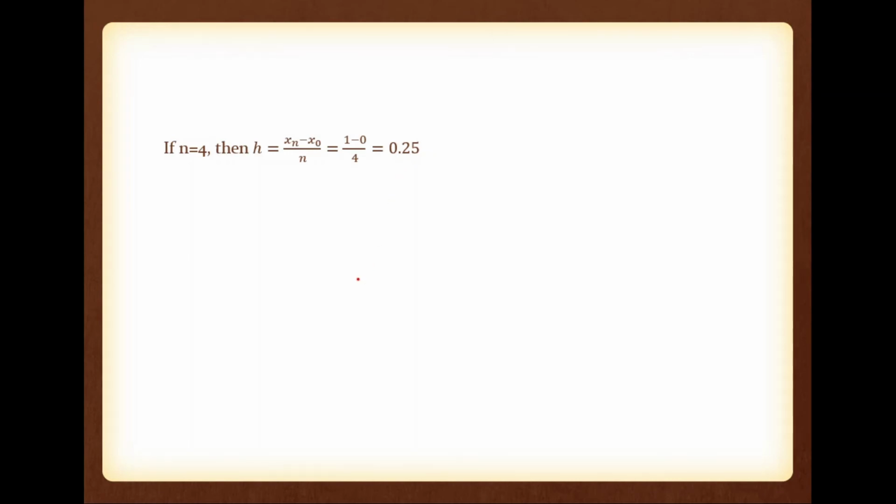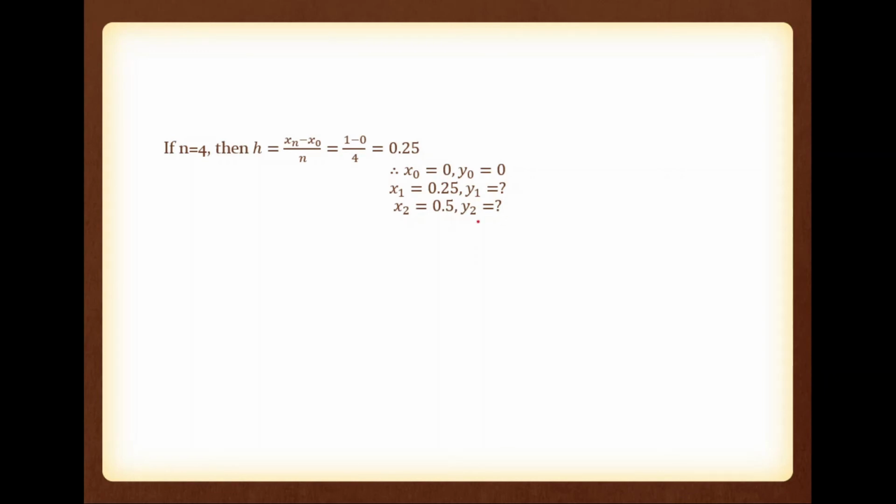Now we have x0 equal to 0, and corresponding to x0 equal to 0, y0 equal to 0. Now x1 is equal to x0 plus h, that is 0.25. y1 is unknown, corresponding to 0.25 we don't have y. Now x2 is x1 plus h, that is 0.25 plus 0.25, so we have 0.5, and y2 is unknown.